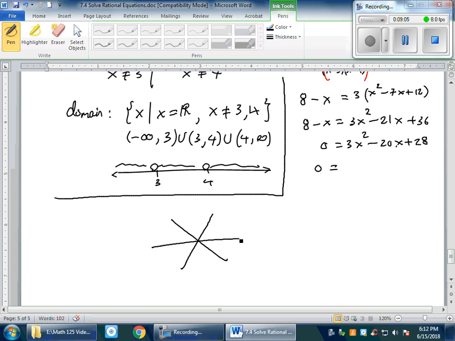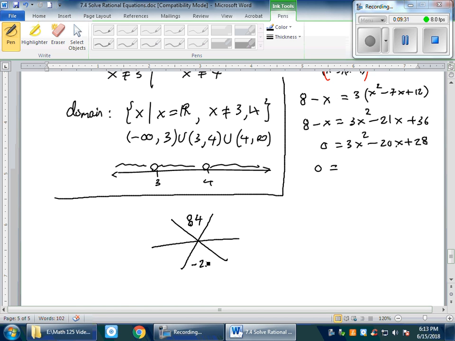A times c, which is 3 times 28, gives us positive 84, and we want negative 20. We want to find which two numbers multiply to get 84 and add up to get negative 20.